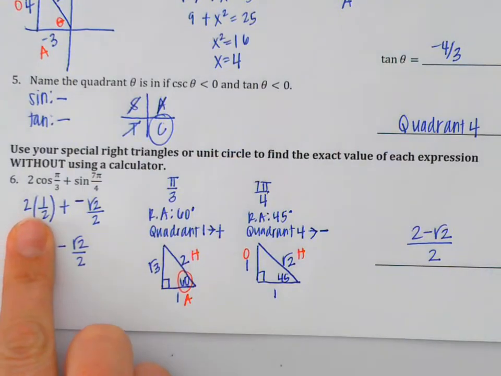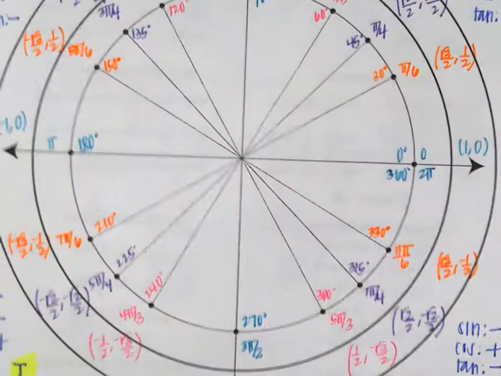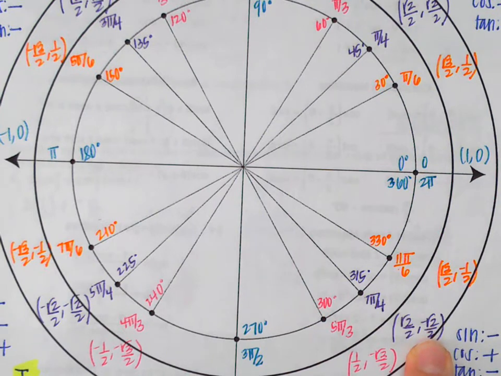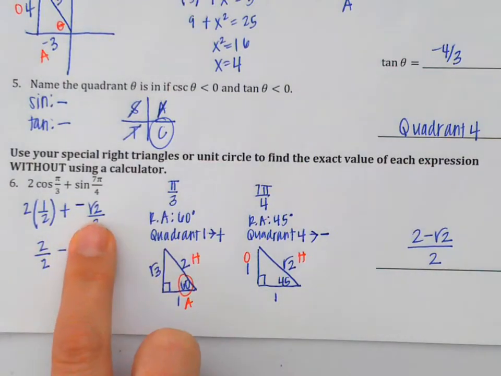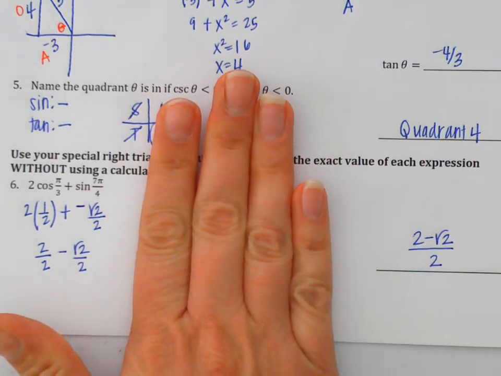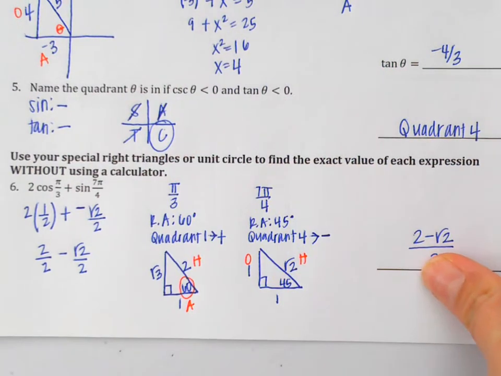Then I'd go to 7 pi over 4, where sine is my y value, which is negative rad 2 over 2. Then we'd go through the same process we did there. This part would be the part that you wouldn't be doing.